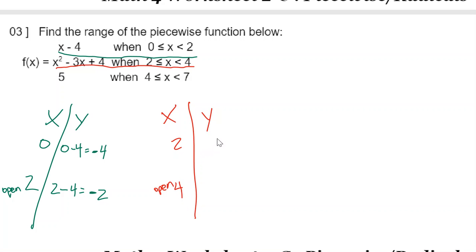All right, so when I stick a 2 in there, 2 squared minus 3 times 2 plus 4, that's 4 minus 6, that's -2, plus 4 is 2. And then when we stick the 4 in there, 4 squared minus 3 times 4 plus 4, that's 16 minus 12, that's 4, plus 4 is 8.